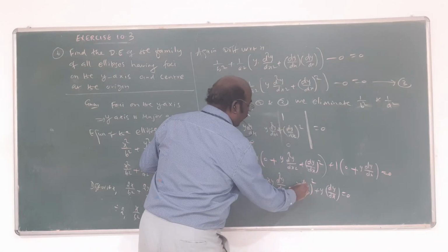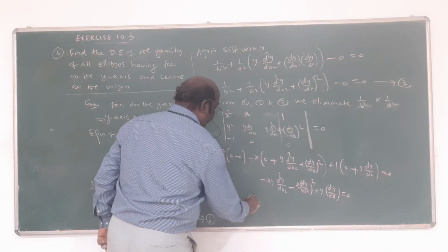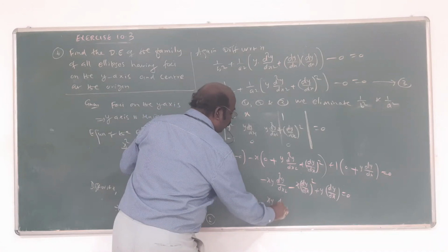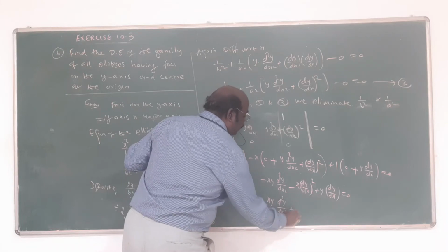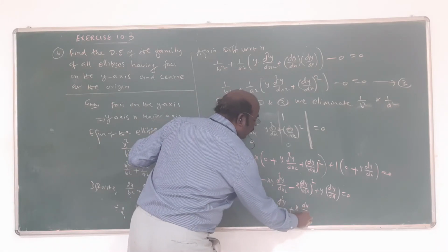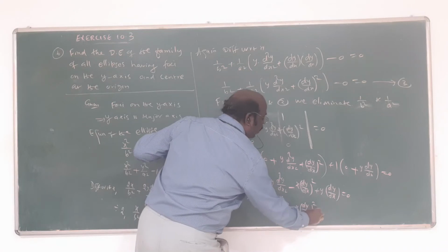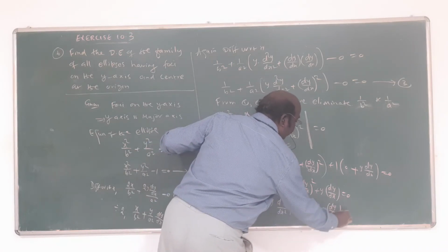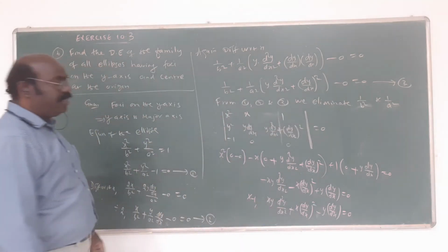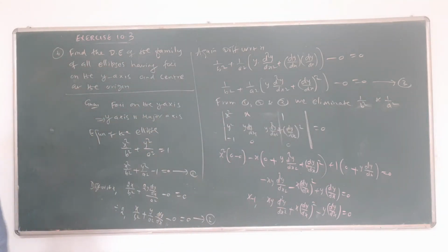We don't want the first term minus 1, that's why multiply by minus 1. We have the answer: xy into d square y by dx square plus x into dy by dx whole square minus y into dy by dx is equal to 0. This is the required differential equation. That is the correct answer.